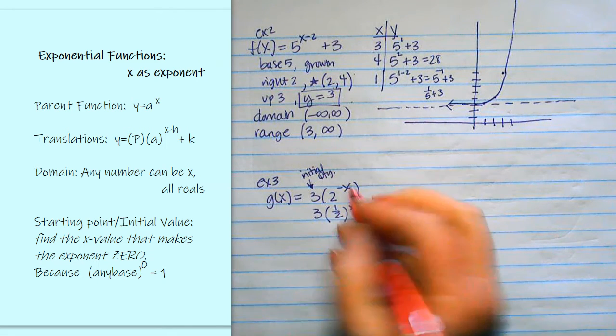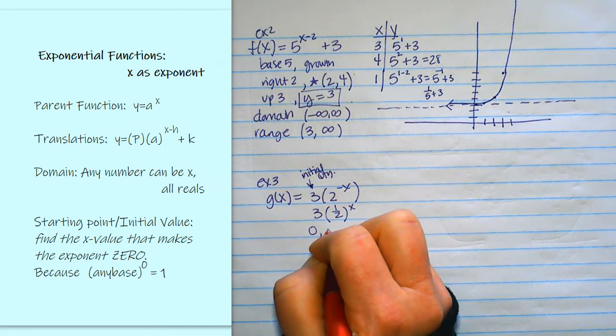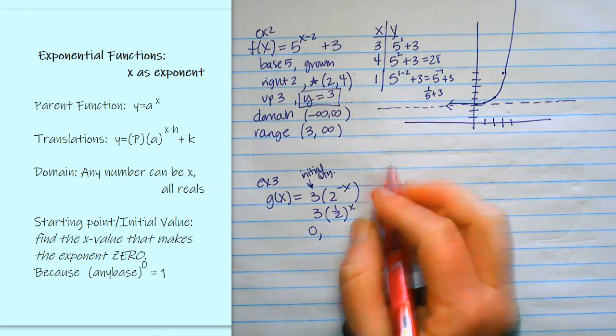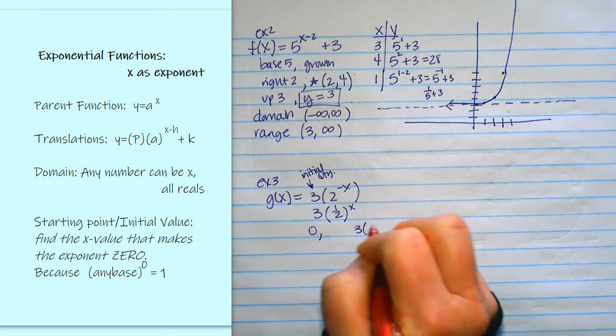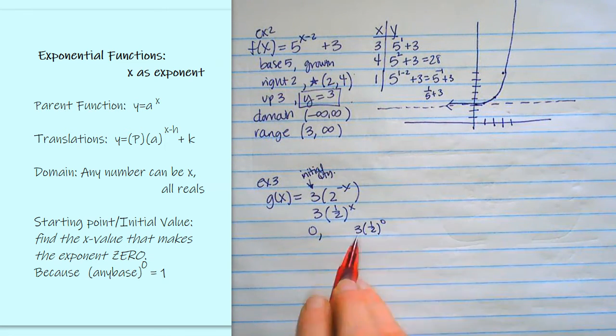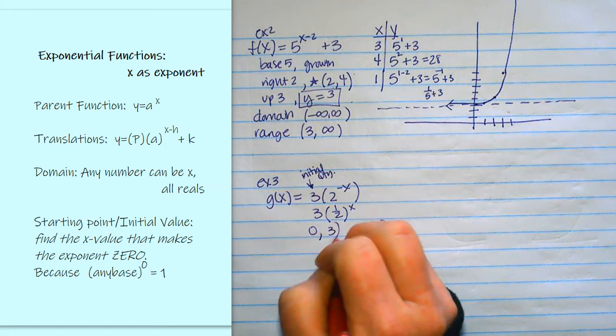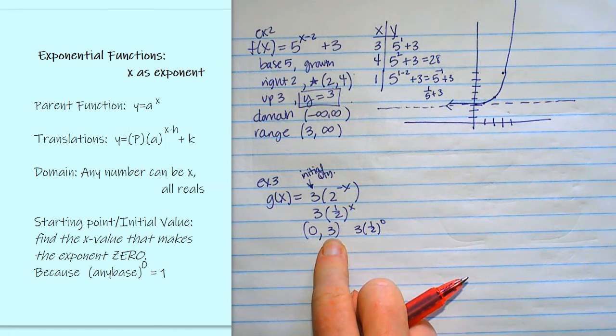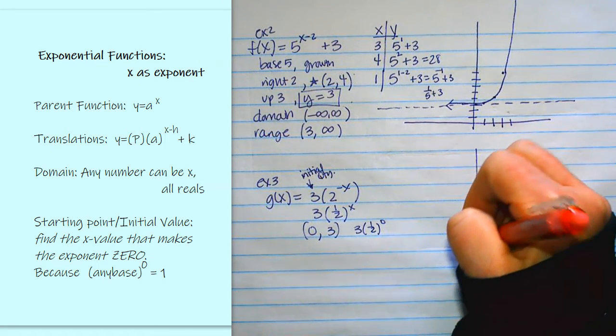So our starting value is going to be 0. When we plug in 0, we have 3 times 1/2 to the 0, or 3 times 1 is 3. So this has been multiplied by 3 or shifted up by 3. And so I'll go ahead and graph this one.